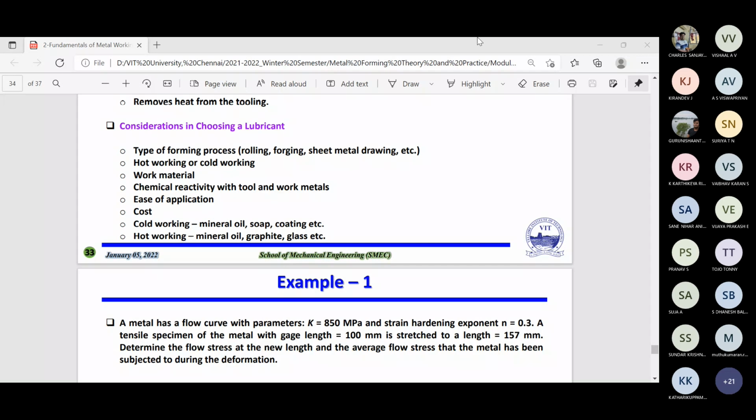Other students, please try to find out: if you write the given values, then you will understand which equation to fit, because only 3 equations we have studied, very small equations. And unit is much more important. Another thing I forgot to tell you: many students miss the unit when writing. We are not worried whether it is 700 or 800. We need the process you are doing, and then the unit is much more important.